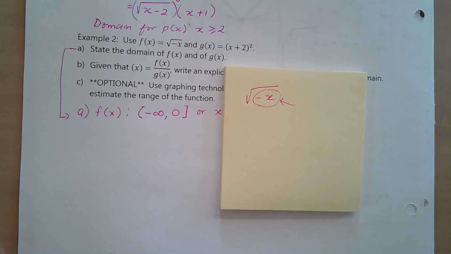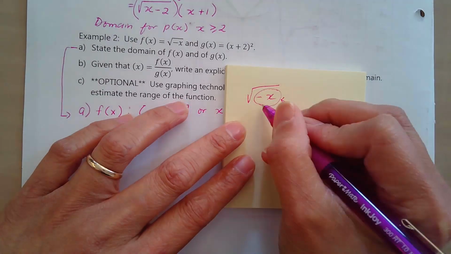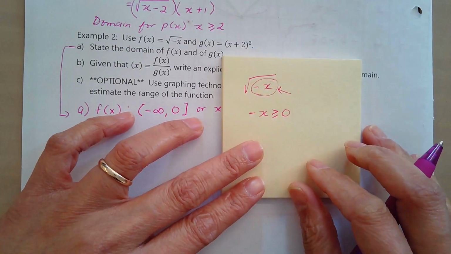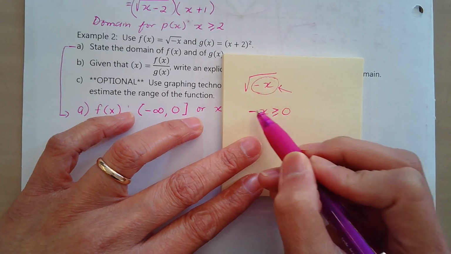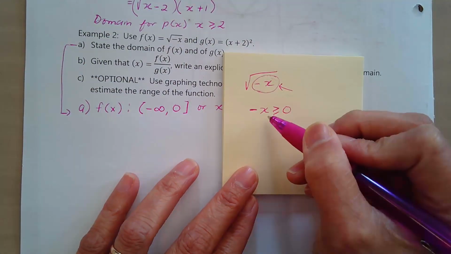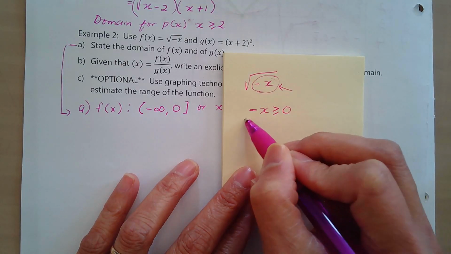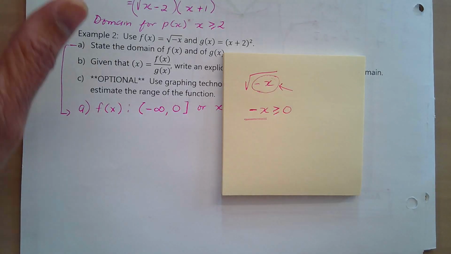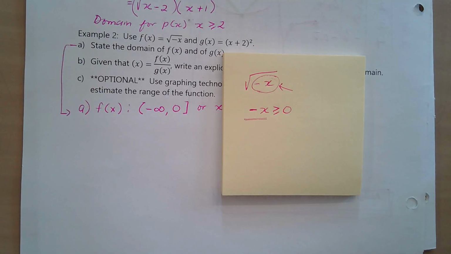The radicand has to be a positive value or 0, right? It doesn't have to be positive only. It could be 0. So this one, negative x, has to be greater than or equal to 0, right? Now, in grade 11, when you did this inequality, they said that if you're dividing by a negative value or multiplying by a negative value, the direction of the inequality changes, right?